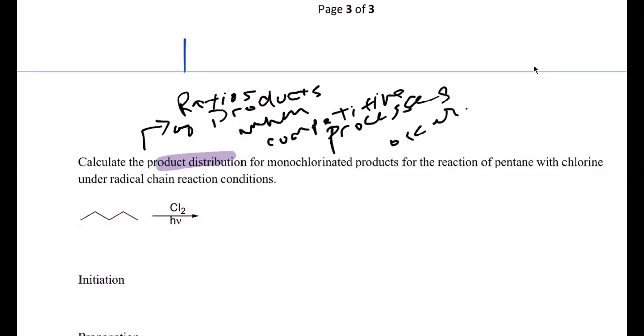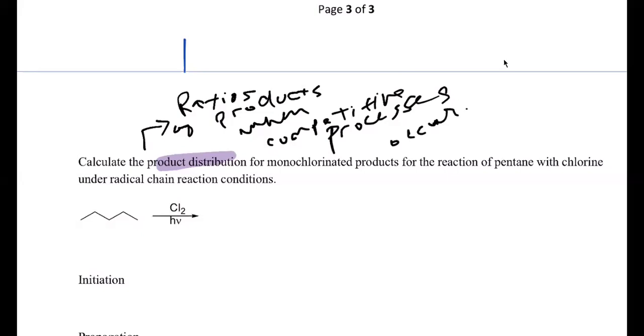So the product distribution is the ratio of products when you have competitive processes occurring. You're going to hear it again in part 2, and you're going to hear it all the time, so it's best to know what the definition is.